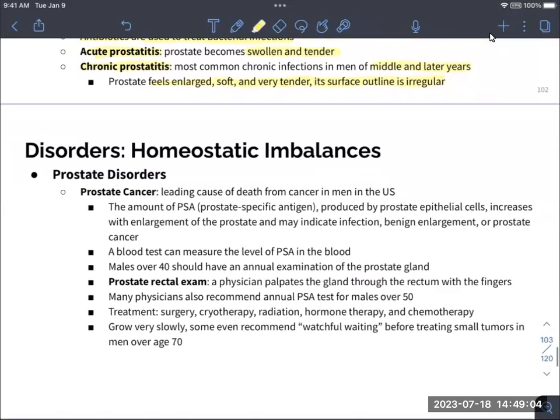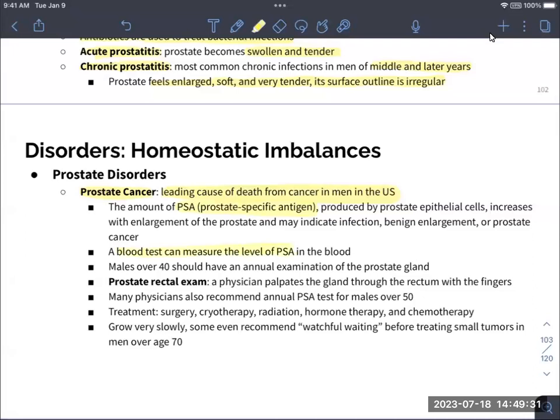Prostate cancer. Prostate cancer is the leading cause of death for men in the US. Prostate-specific antigen, PSA, gets produced by these prostate cells. It can cause an enlargement in that prostate, and a benign enlargement, or could be cancerous.